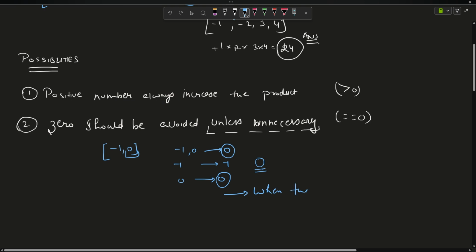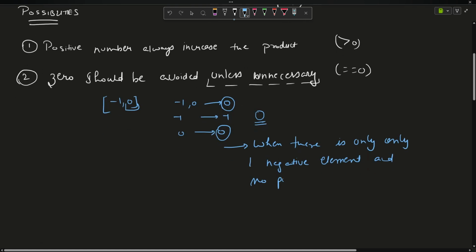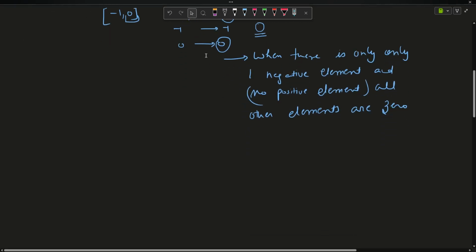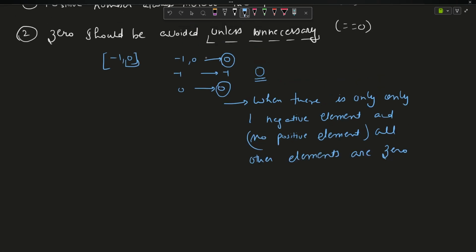When there is only one negative element and no positive element, or I can say, all other elements are 0. When there is only one negative element and all other elements are 0. This is the first point.